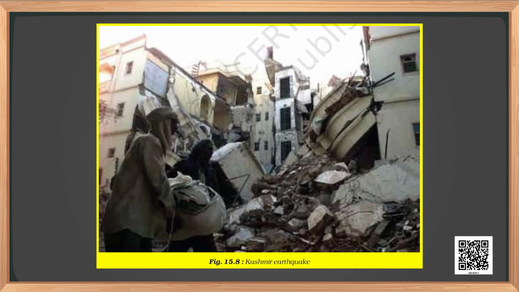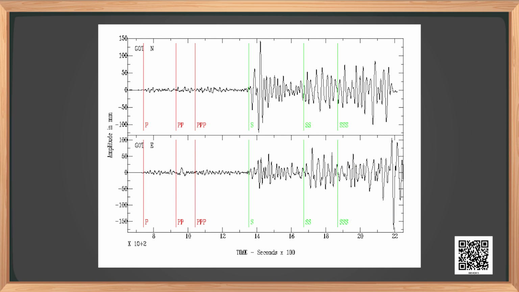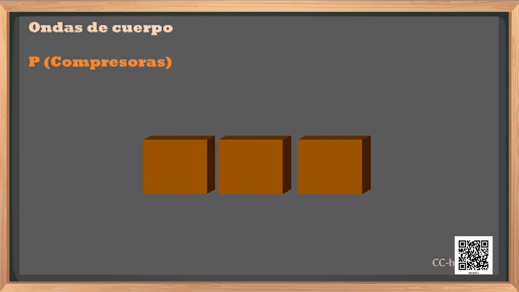Really destructive earthquakes have magnitudes higher than 7 on the Richter scale. Both Bhuj and Kashmir had an earthquake of magnitude greater than 7.5 on this Richter scale. So, these earthquakes must have caused a lot of damage to these areas. The tremors caused during an earthquake produce waves on the surface of earth.